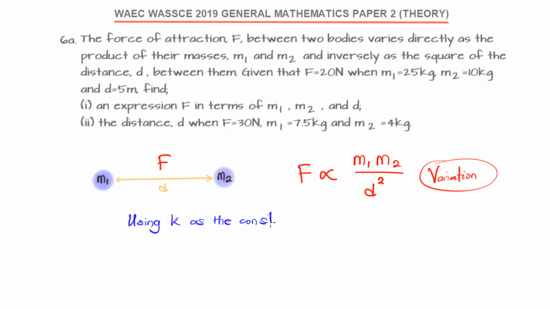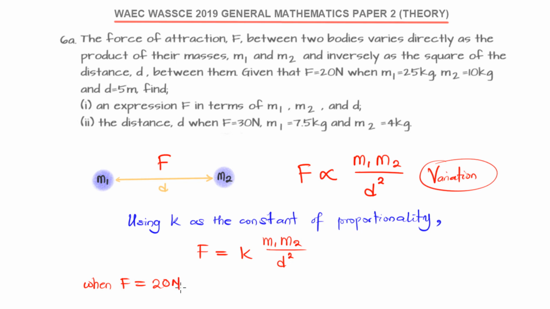For us to make it an equation, we need to introduce the constant of proportionality. That constant here, I want to use k. So I can now say F is equal to, I'm not going to say varying again because I'm introducing the constant of proportionality, F is equal to k multiplied by m1 and m2 over d raised to power 2.